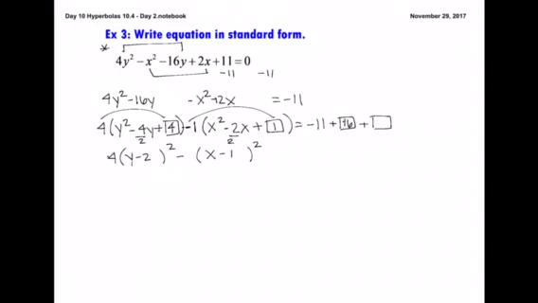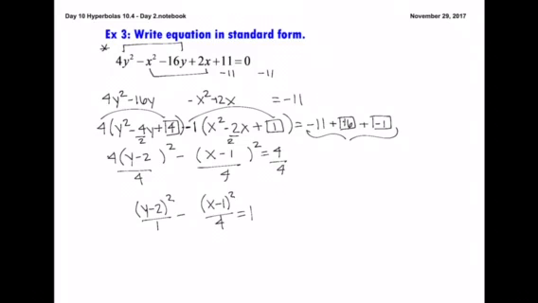Negative 1 times 1 gives us a negative 1 on the right-hand side. When we combined all of our stuff on the right-hand side, we get positive 4. To get it in standard form, we need our hyperbola set equal to 1, so we divide by 4. y minus 2 squared over 1 minus x minus 1 squared over 4 equals 1. And we just wrote our equation of our hyperbola in standard form.